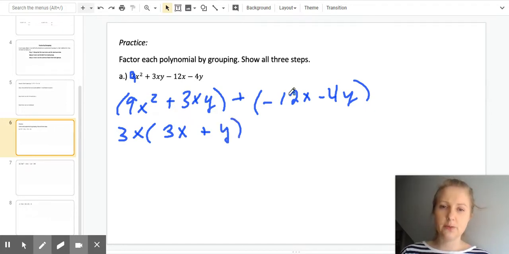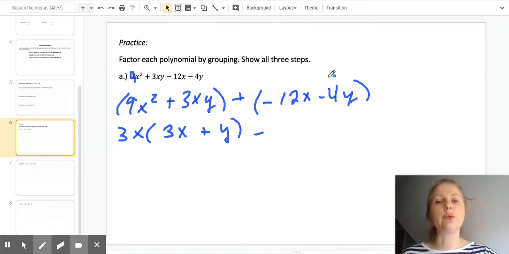So for this second group here, I'm actually going to factor out a negative because I'm thinking ahead and I know that I'm going to want this set of parentheses to be the same as this one. And these are both negative, but I want them to be positive because these are positive. So let's factor out a negative. And now that plus is going to be a minus. I'm also going to factor out a 4 because we have a 12 and we have a 4. And 4 goes into both of those.